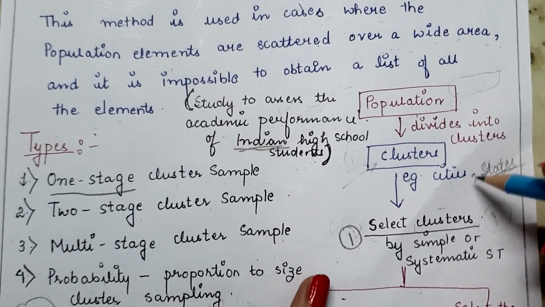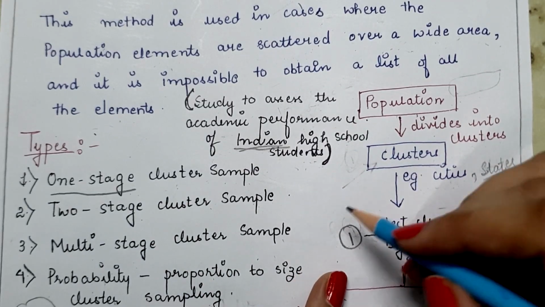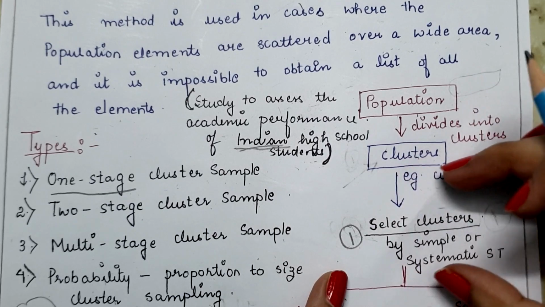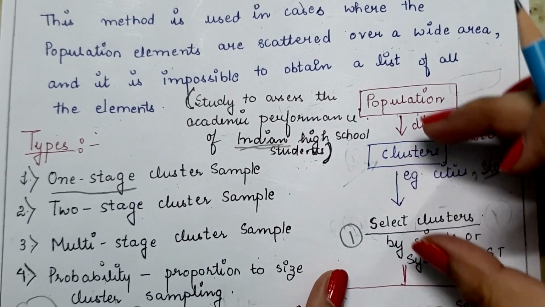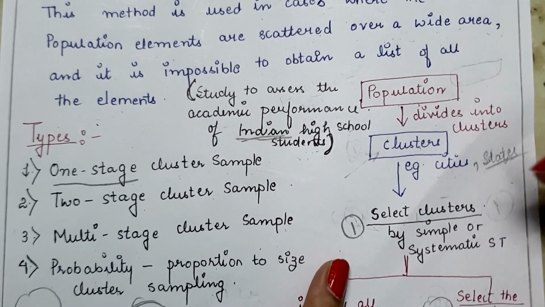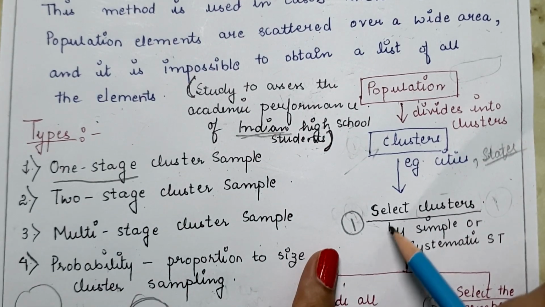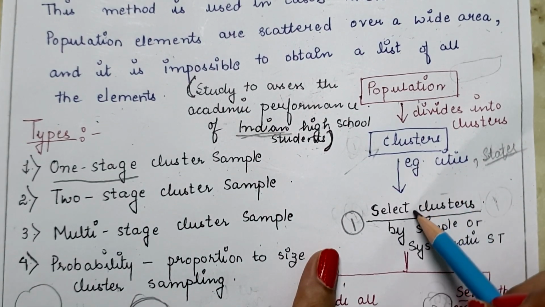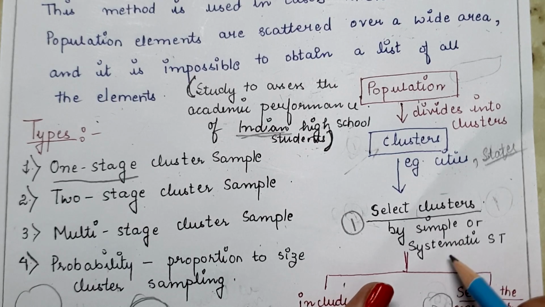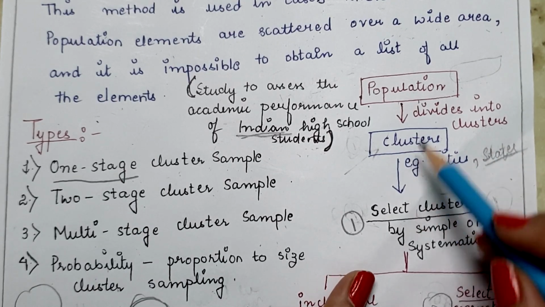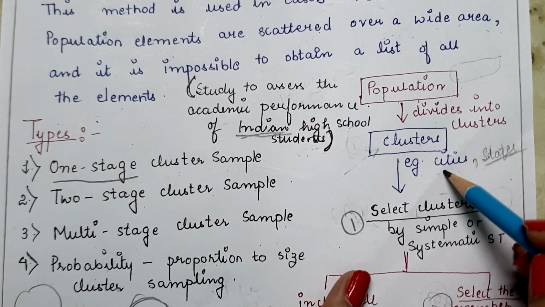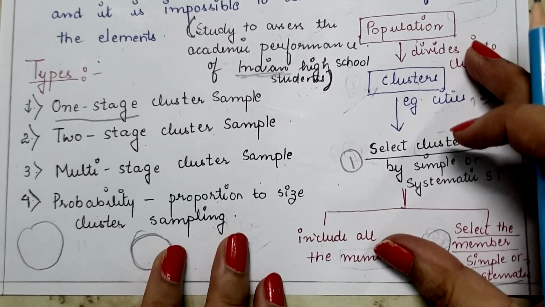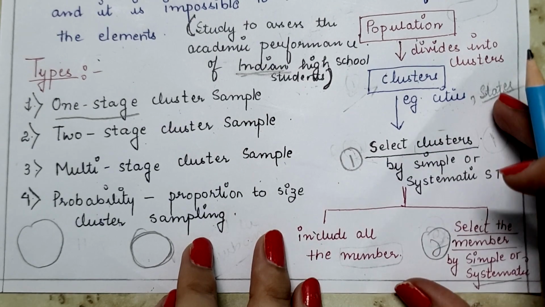But if the researcher wants to take a small part of that population, in that case the researcher, with the help of simple or systematic random sampling technique, selects the clusters from these divided clusters. That is stage 1.